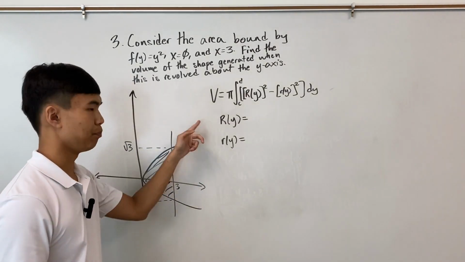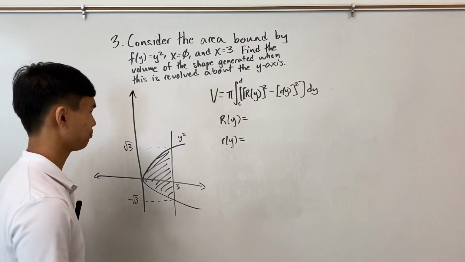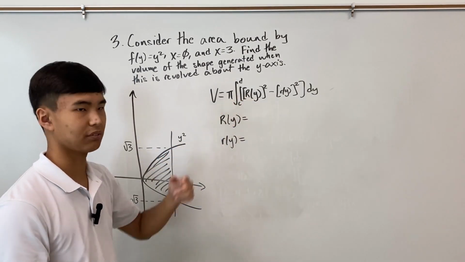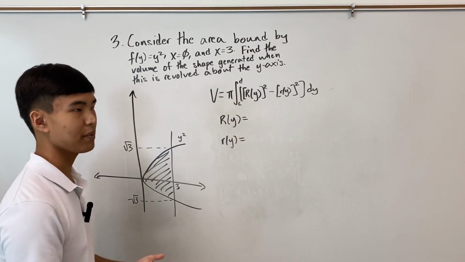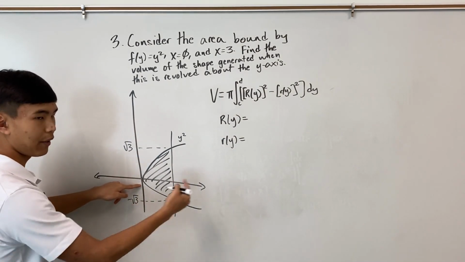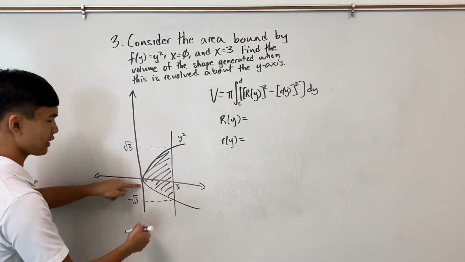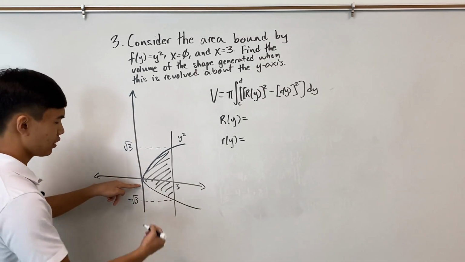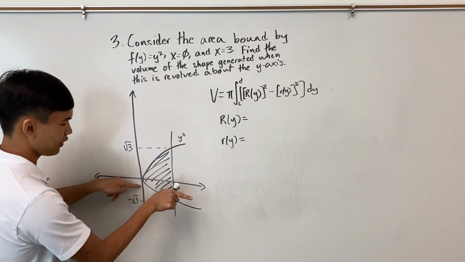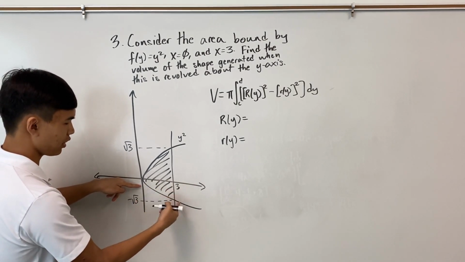Now we have to find our big radius and our little radius. It's really important that we do this always with respect to our axis of revolution. And so you'll see what I mean. Here's our axis of revolution, and we have to find the outer radius with respect to this axis. So you imagine you're standing on this axis and you're looking this way towards the two curves.